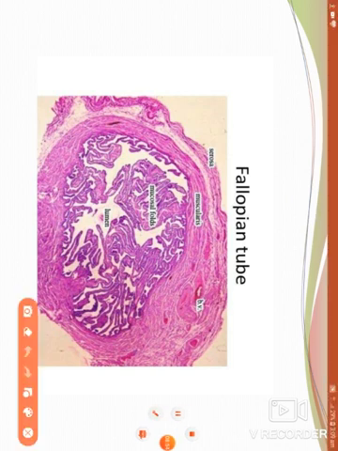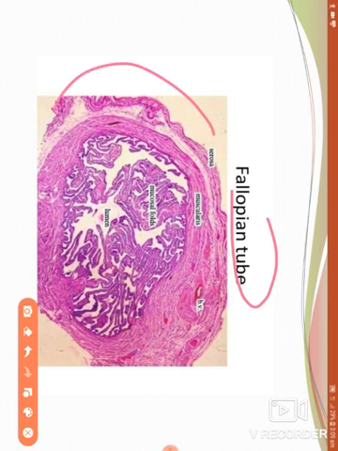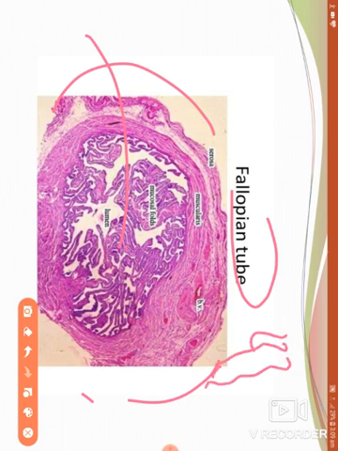Then here you can see this is the fallopian tube or the uterine tube. It's a tube-like structure, circular in section. See the mucosa, it shows numerous folds, a folded appearance with irregular lumen.